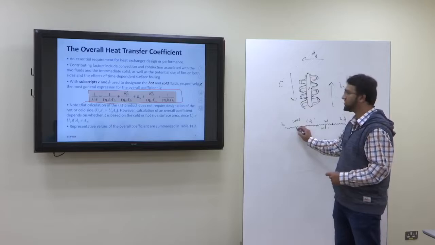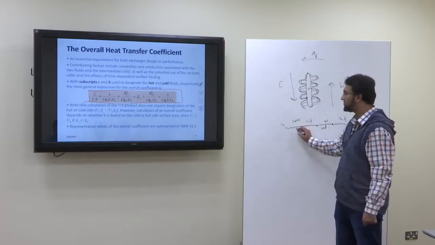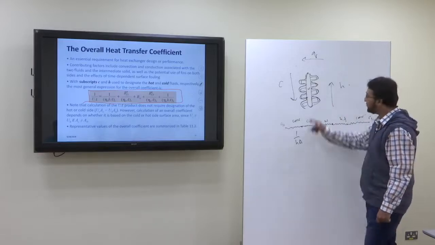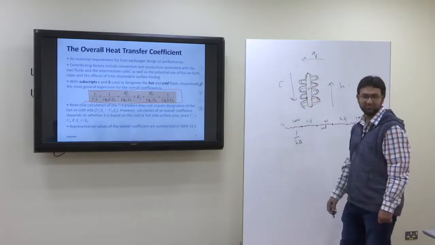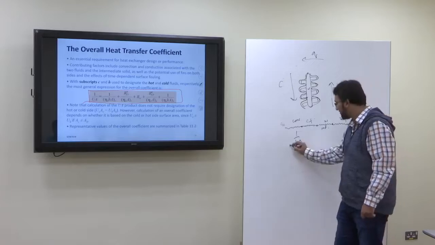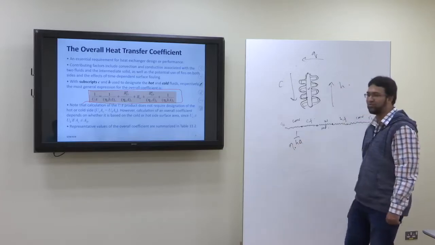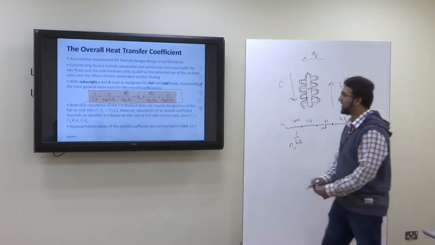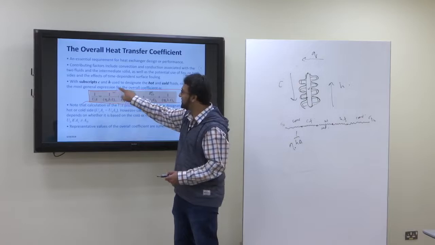What will be the resistance for this convection here? Resistance for the convection will be 1 upon hA, right? But you have fins, so the efficiency of the fin you have to include in it. So that's 1 upon η_o hA on the cold side.